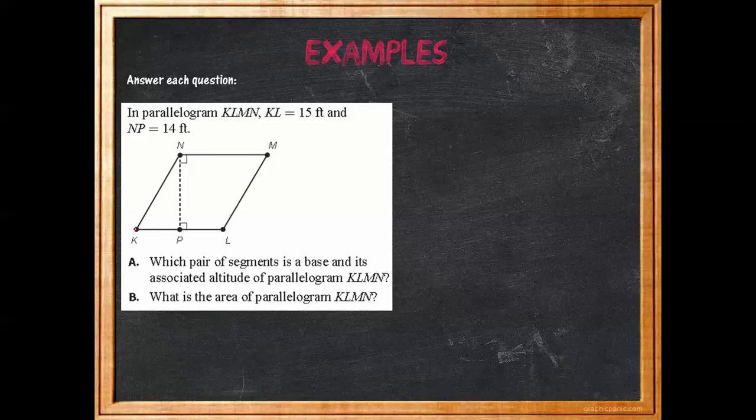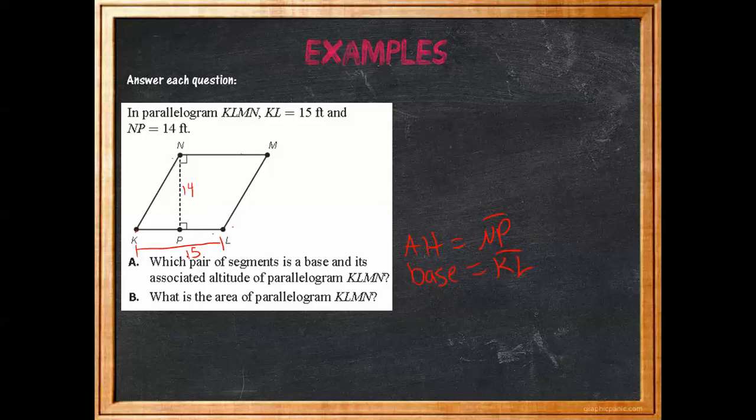In parallelogram KLMN, KL is 15 and NP is 14. Which pair of segments is a base and its associated altitude of parallelogram KLMN? The altitude, or the height, is NP. And then one of the bases is going to be KL.